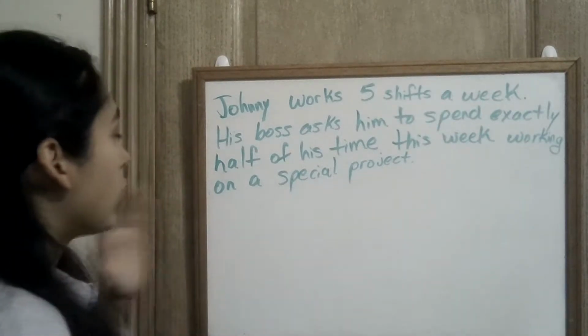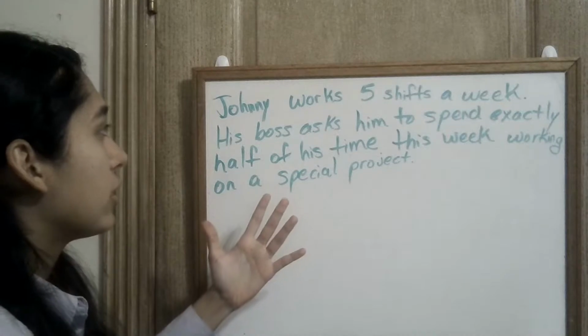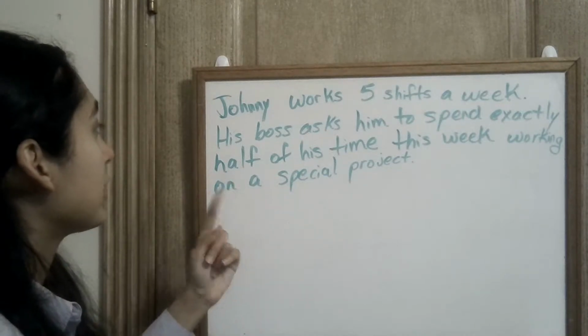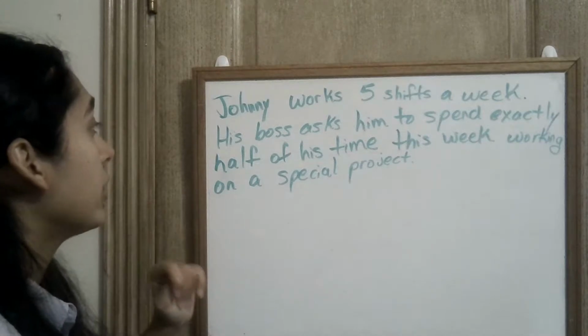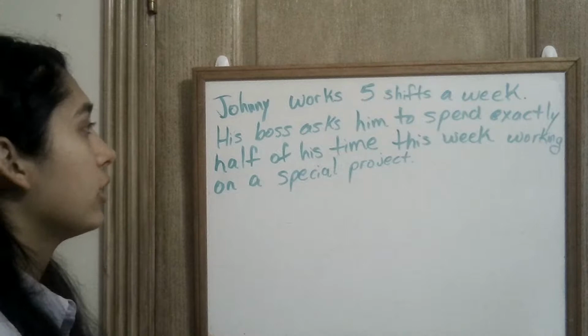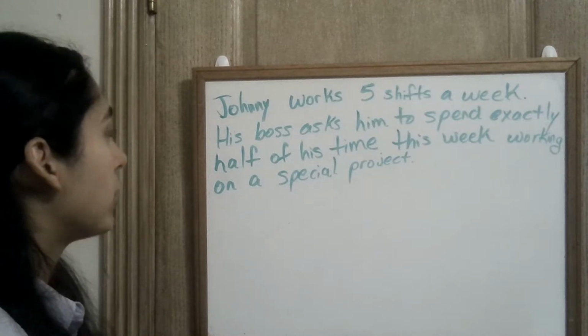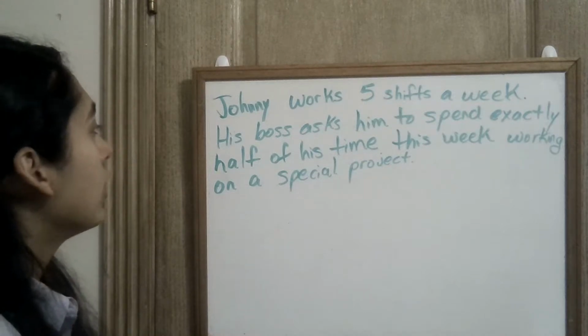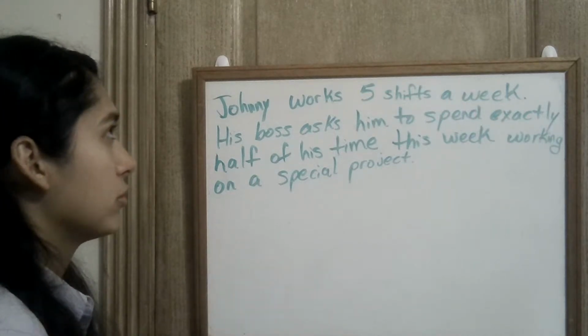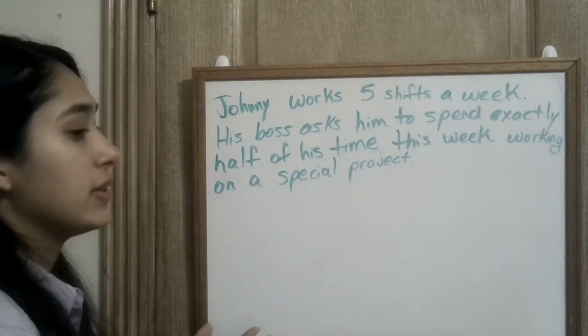So we have Johnny, he works 5 shifts a week. His boss asked him to spend exactly half of his time this week working on a special project. Well, thank goodness this boss isn't too much of a micromanager. It's much easier to calculate half of your time versus 3/7 of your time.